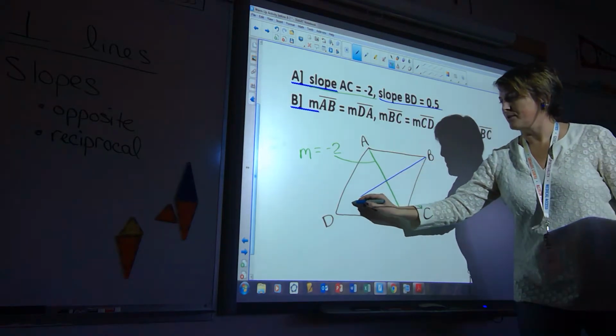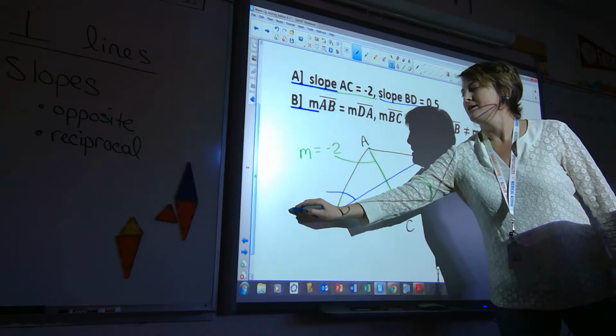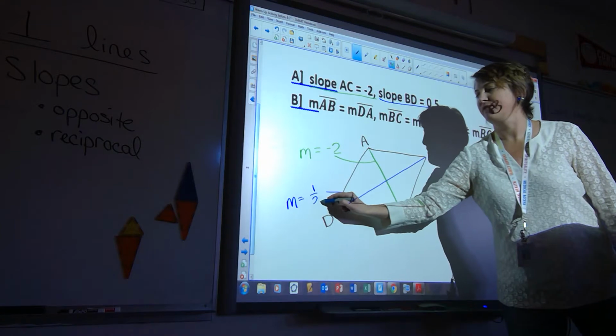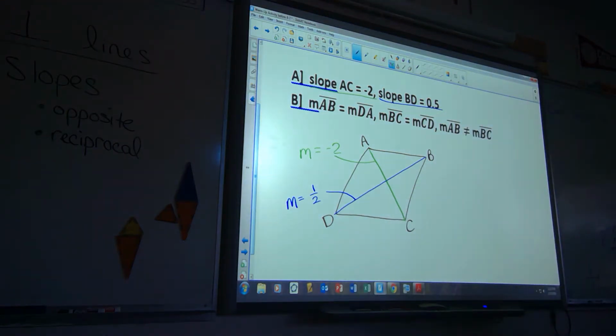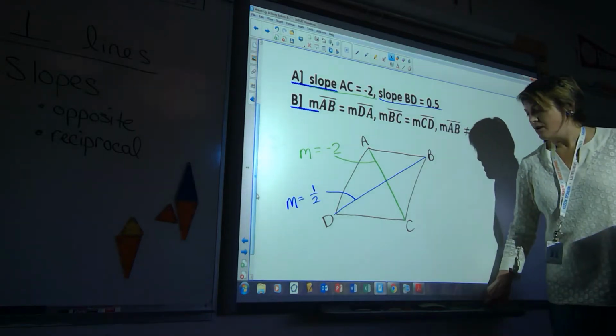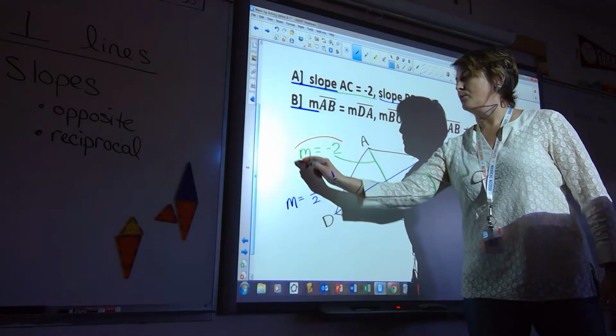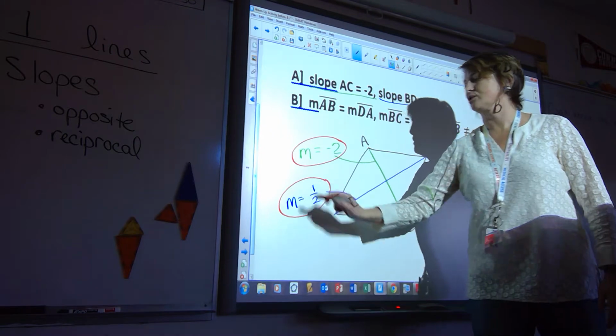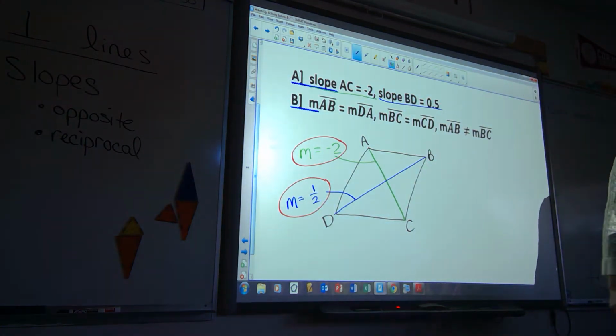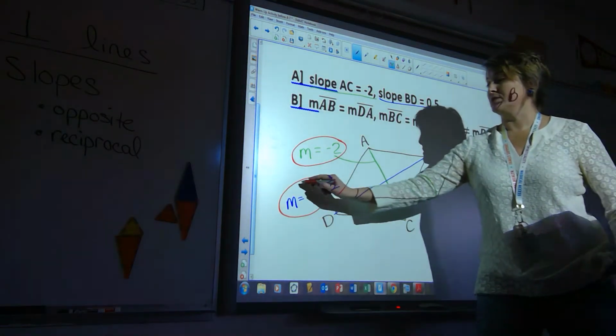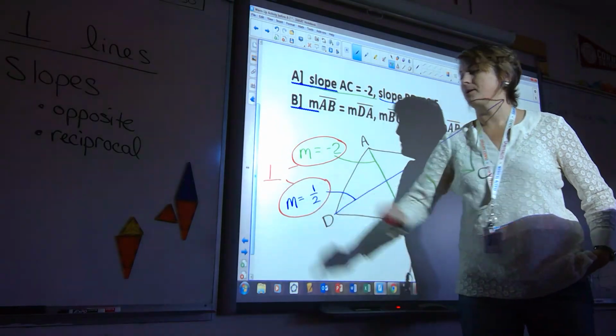So this slope right here is 1/2. Well, they're definitely not parallel. Diagonals shouldn't be parallel. But do these slopes have any sort of special relationship? They are, in fact, opposite reciprocals. So I know that these are now perpendicular.